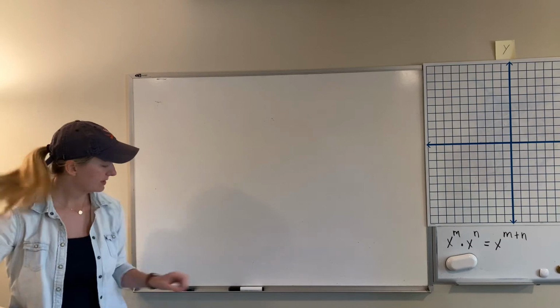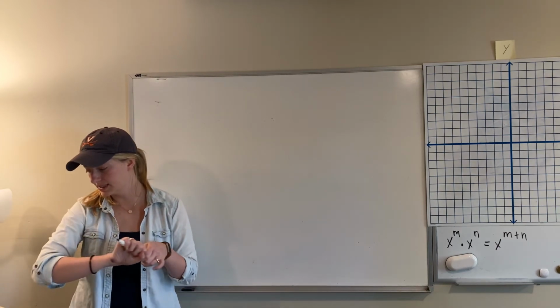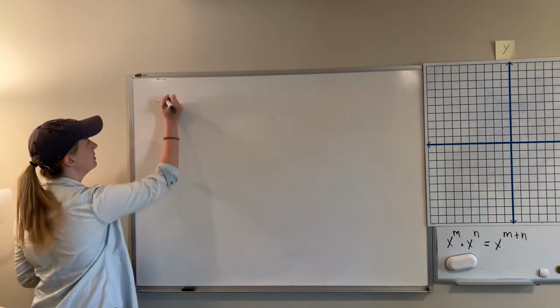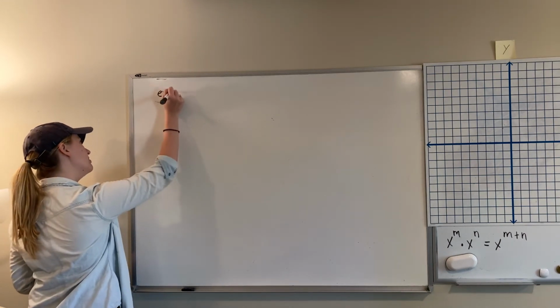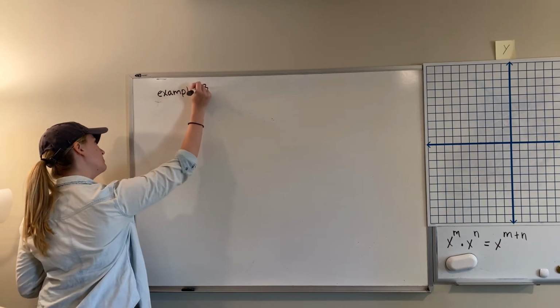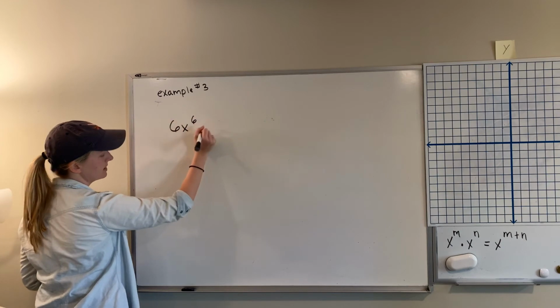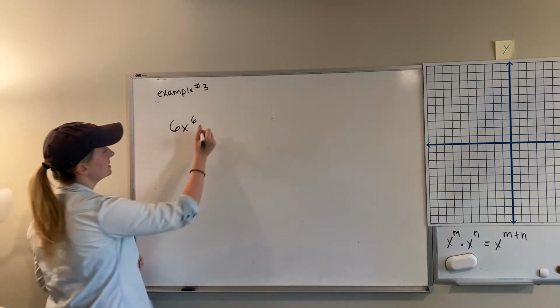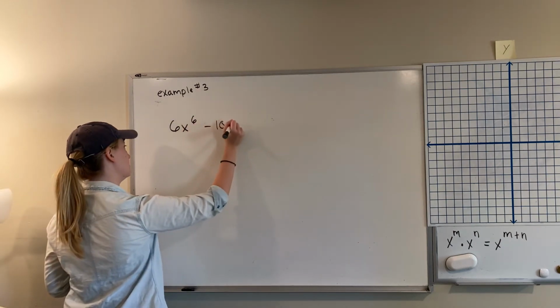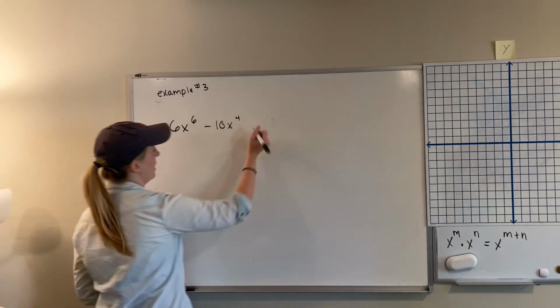So let's look at this. We have the expression, example 3: 6x to the 6th minus 10x to the 4th plus 2x.